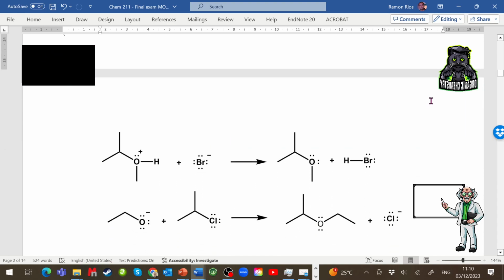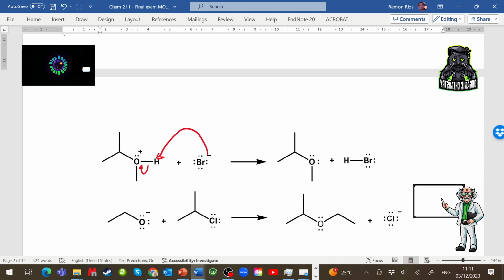Okay, reaction 1, basically this is an acid base. Okay, and remember always what we saw is the movement of the electrons. That the pair of electrons of the bromide will take the proton, and then this pair of electrons are going to the oxygen to get the final compound.